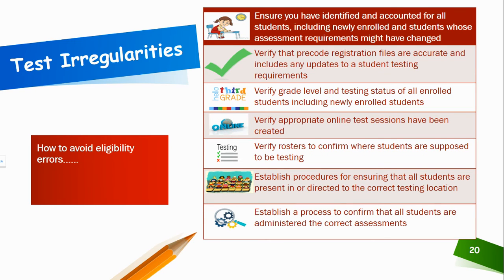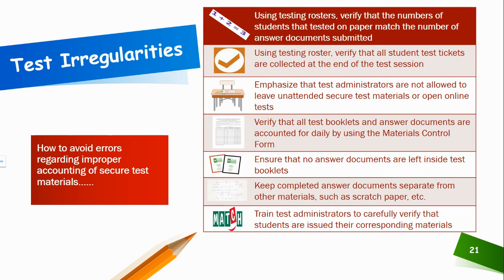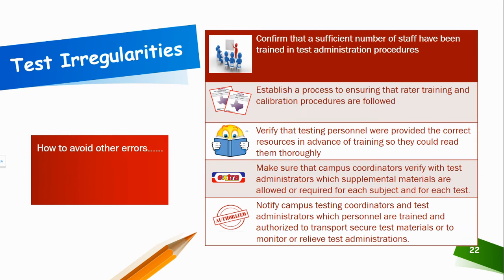Review the list of ways to avoid eligibility errors. Here are some ways to avoid the improper accounting of secure materials. Please review ways to avoid other types of errors.